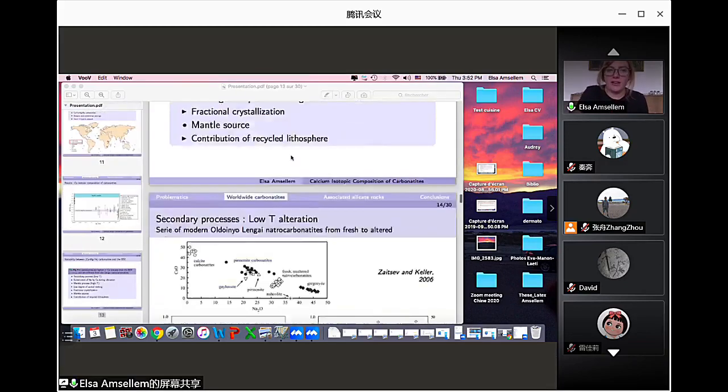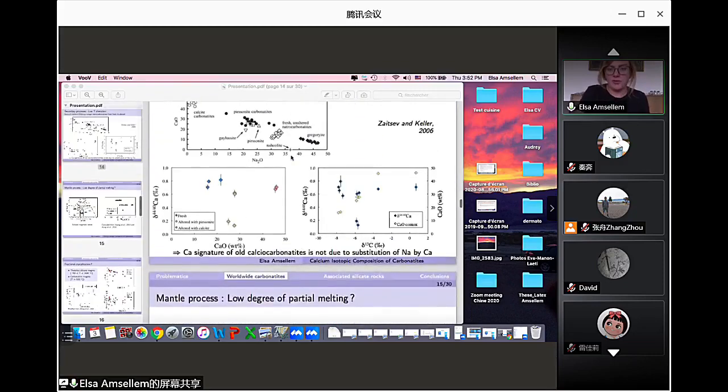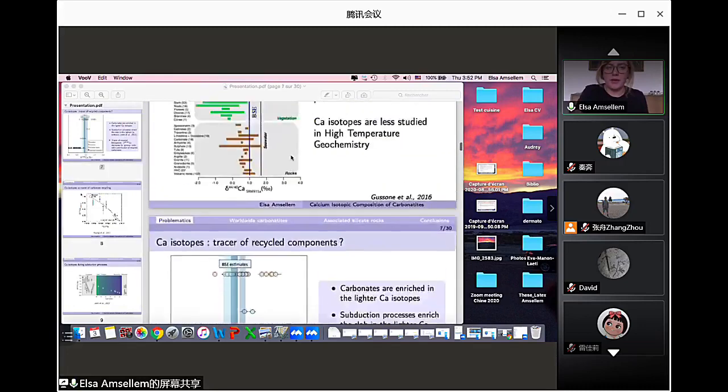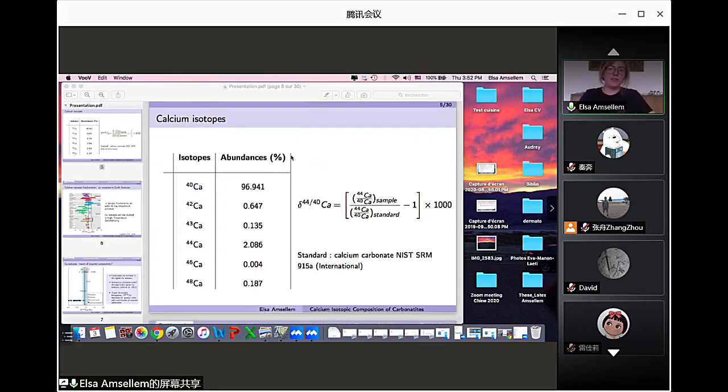No, because I'm not using a TIMS, I'm using an MC-ICP-MS that has a plasma source, and the plasma is an argon plasma. So I don't actually measure the 40 calcium, because argon has the 40 mass also.